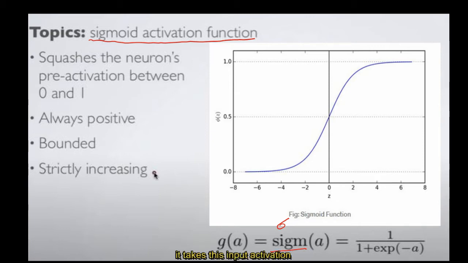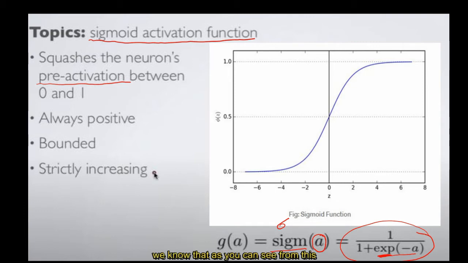It takes the input activation, also known as pre-activation, and computes the formula 1 over 1 plus exponential of minus the input activation.